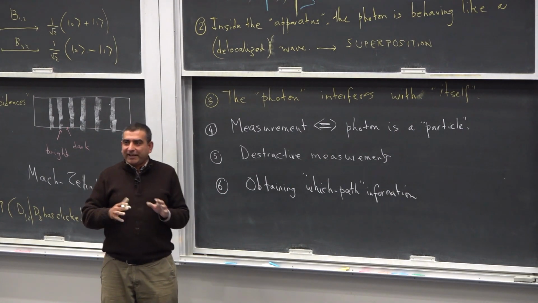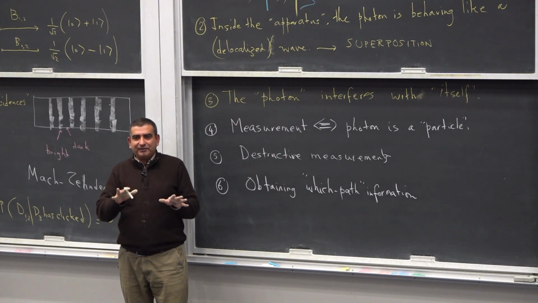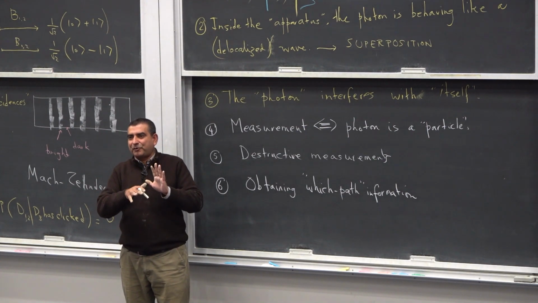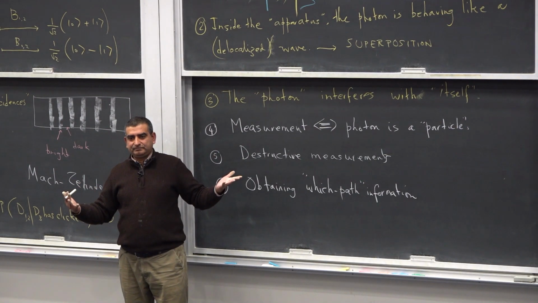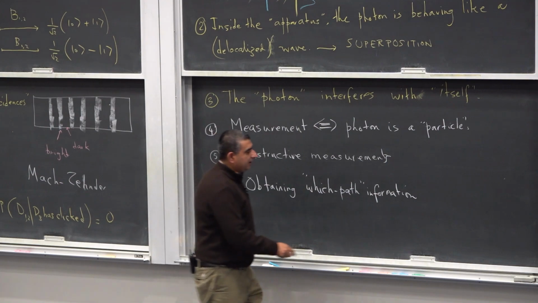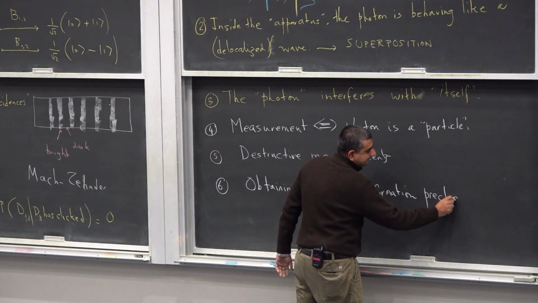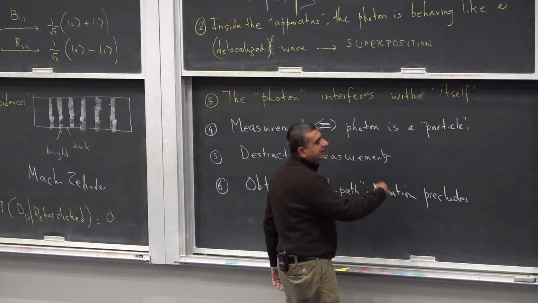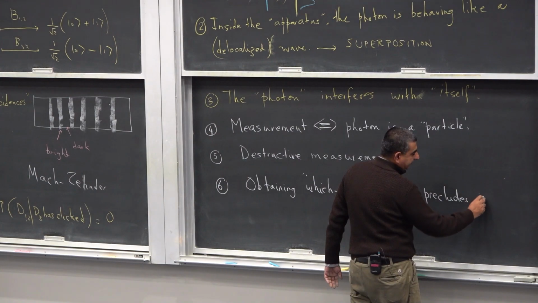Precludes means that if I were to obtain which path information, I cannot see an interference behavior. I cannot see any wave-like behavior. So this kind of precludes. Precludes means it's mutually exclusive with interference.